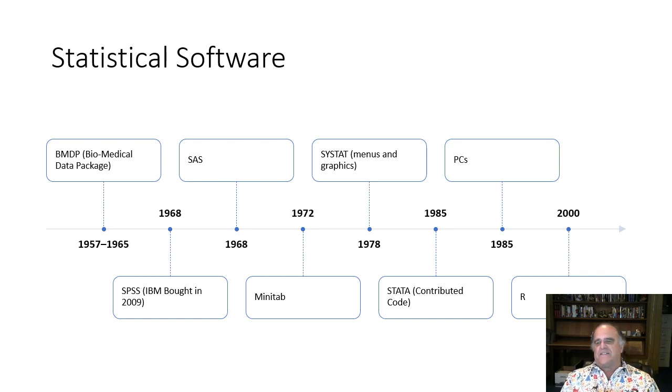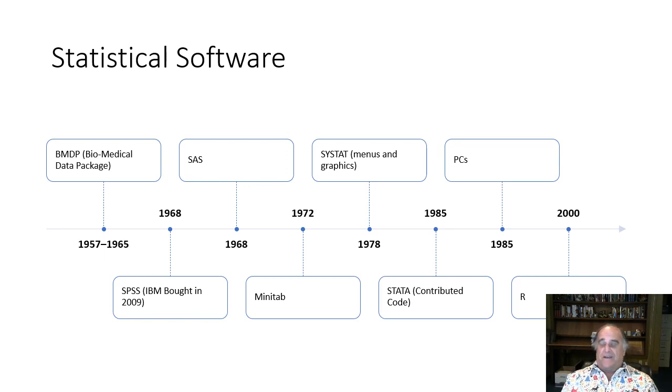And then the year 2000 is usually identified with the introduction of the software we now know as R. R is open source, it's free, it involves contributed code, so it has a lot of advantages, and for many people, it's become the go-to piece of software.